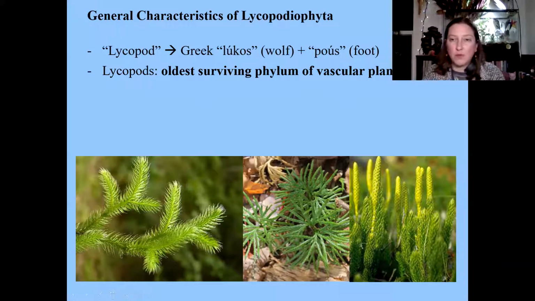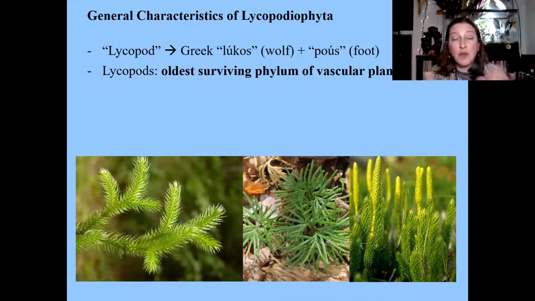Lycopods are the oldest surviving phylum of vascular plants. What does that mean? We talked about some of these fossil plants in the last class when we were discussing the evolution of vasculature.